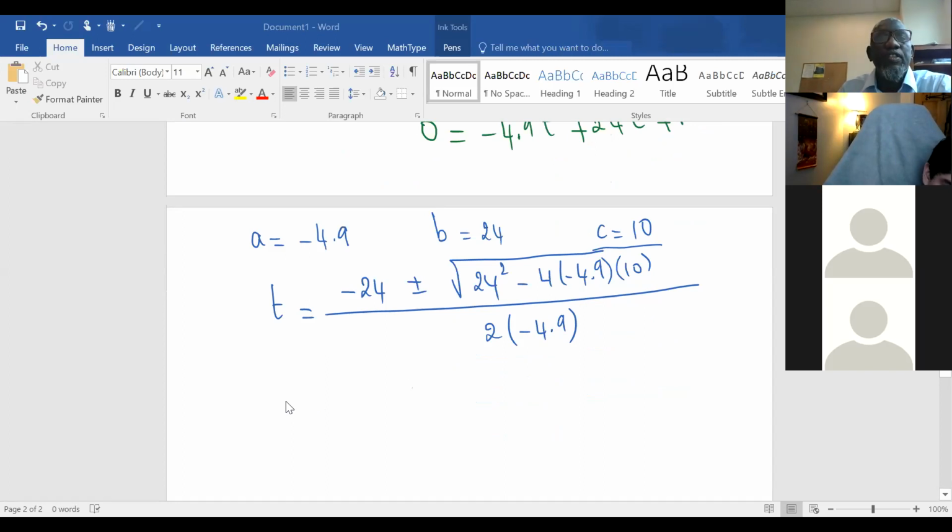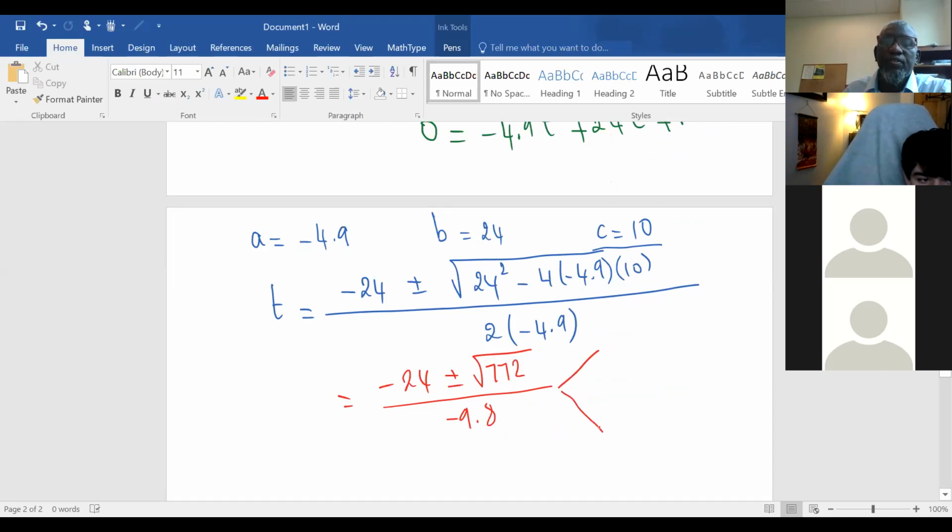So I get negative 24 plus or minus the square root of 772, all over negative 9.8. Do we have to solve that to get a number? Yes, exactly.